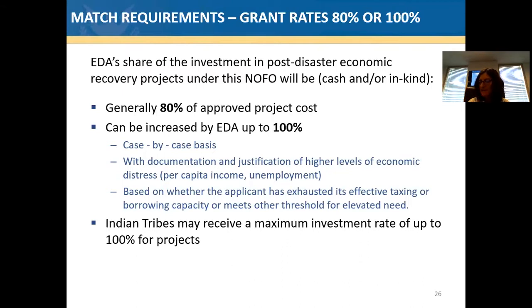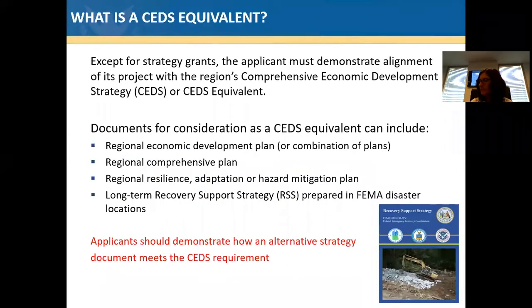On a case-by-case basis, EDA could increase its funding and lower match. There could, however, be factors that may cause EDA to fund projects at a grant rate that is lower than 80%, meaning match requirements could be higher than 20%.